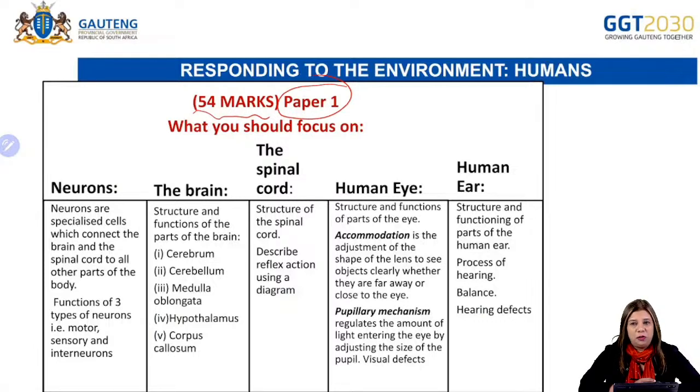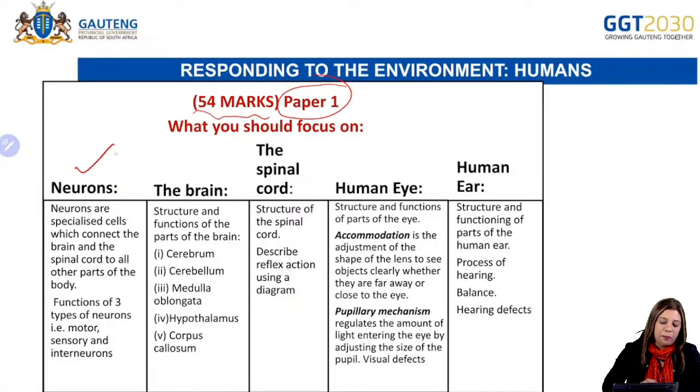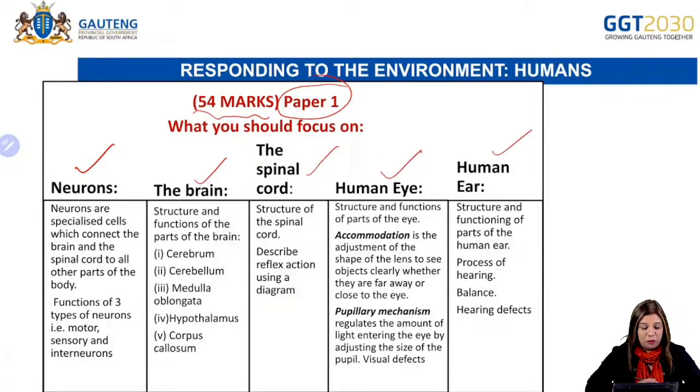So what you need to do is go over the neurons, the brain, the spinal cord, the human eye and the human ear. For this session, we'll be focusing on the neurons, the brain, and the spinal cord.